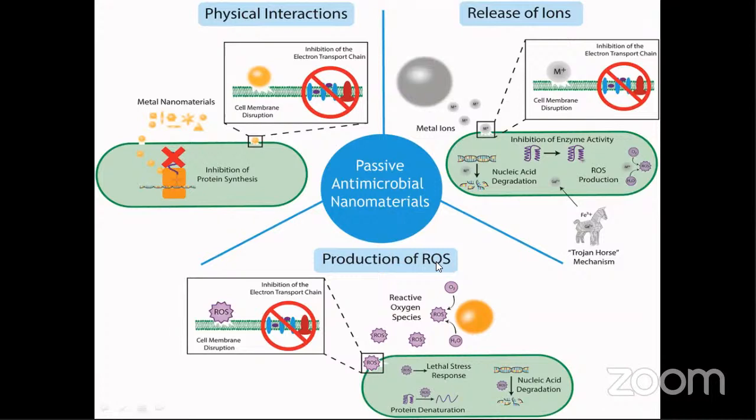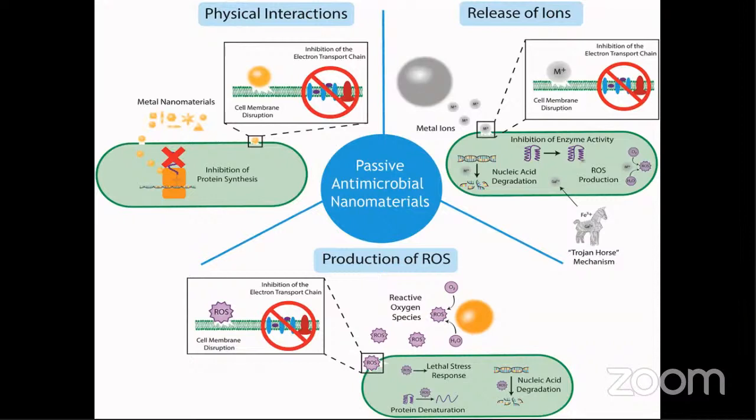In the broader aspect we can say this, and each of them we will discuss in the coming slides, how different nanoparticles use these strategies to fight. For example, physical interaction means that normally we use metals or metal oxide nanoparticles against these pathogens.